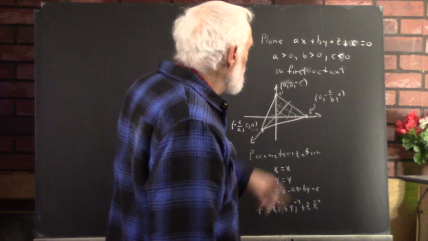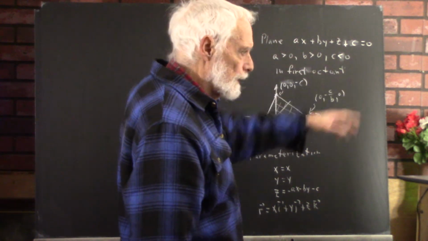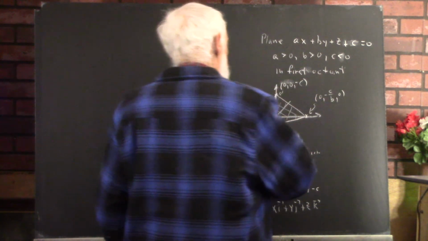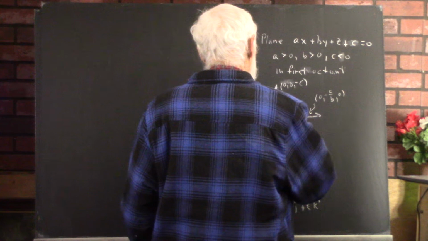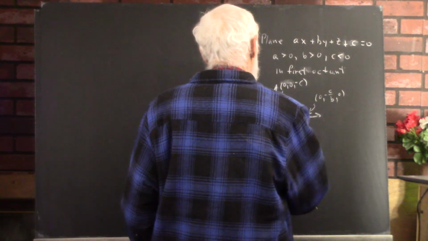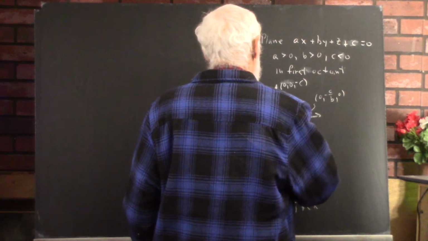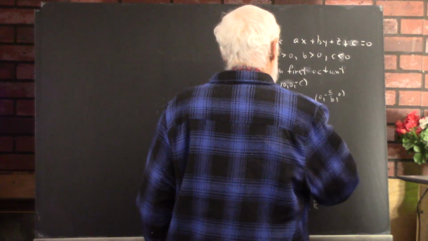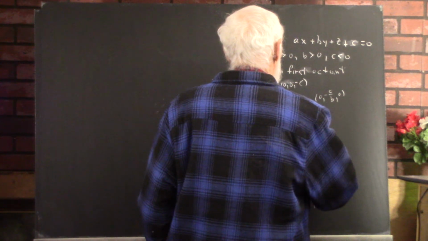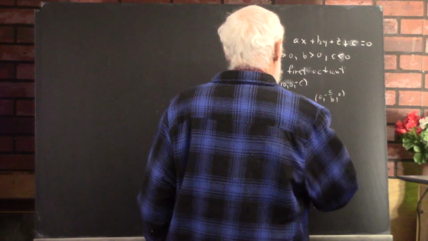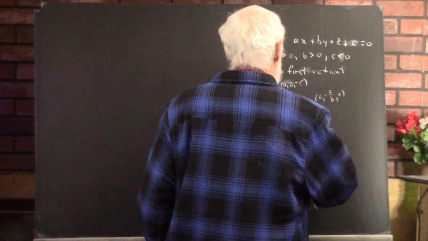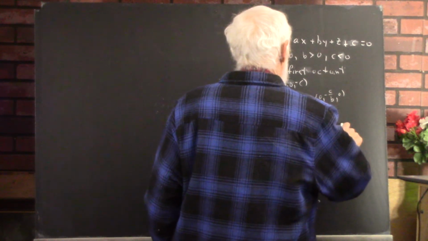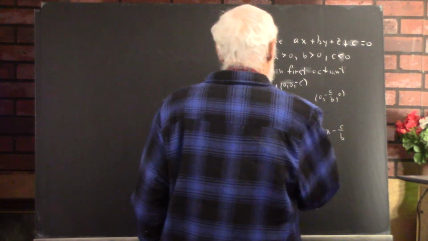Down here in the xy plane, you just have ax plus by equals negative c, so that y equals negative a over b x minus c over b.